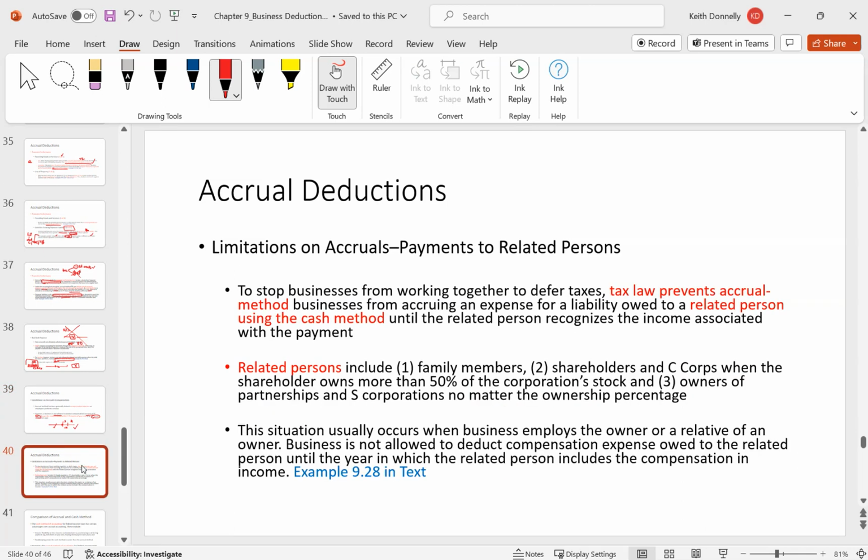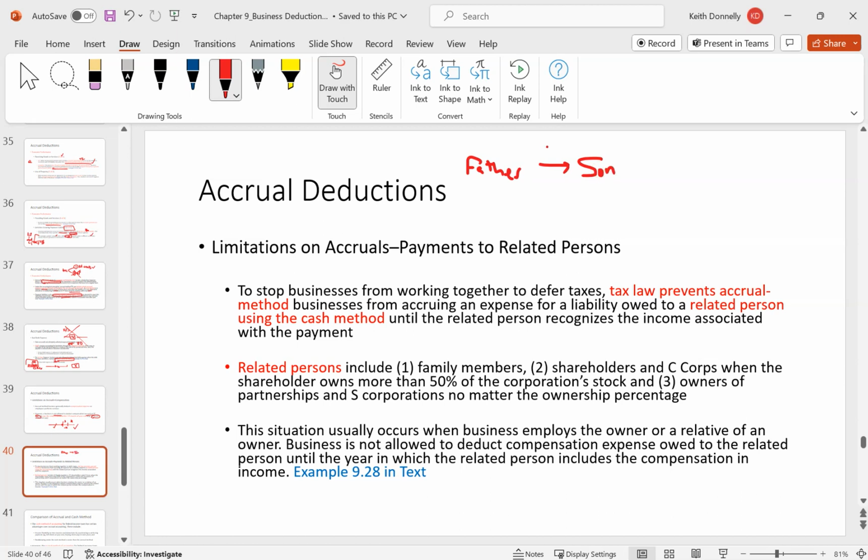Another limitation on it, payments to related persons. The idea with this is they don't want people gaming the system between related parties. We talked a little bit about before, whenever you have related parties, let's say father sells to son property.